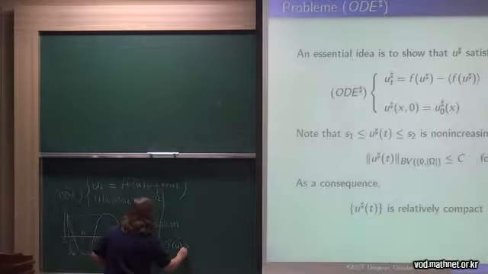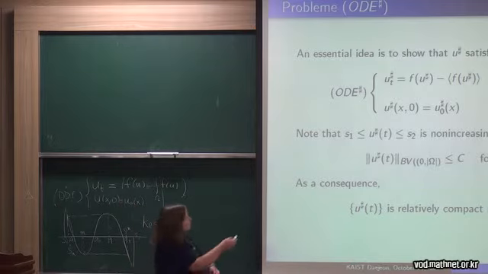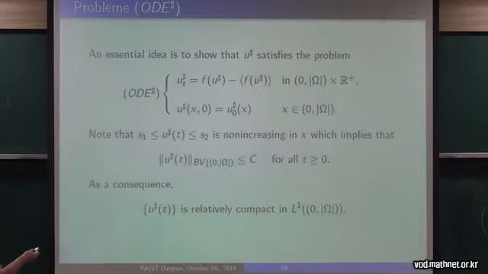I have used two notations for the same thing. Here average of f of u, and here another notation for the same thing. So we have u sharp t equals f of u sharp minus average of f of u sharp, with the initial function u sharp of x and 0 being the rearranged function of u naught of x.